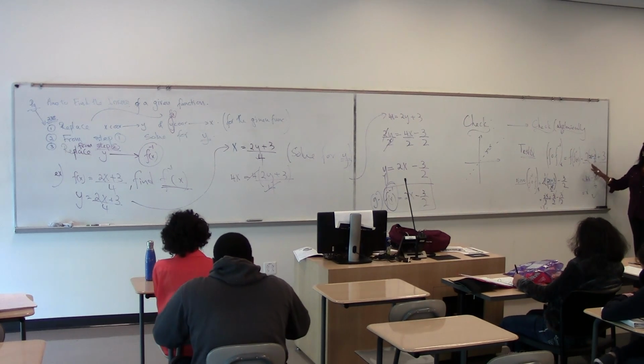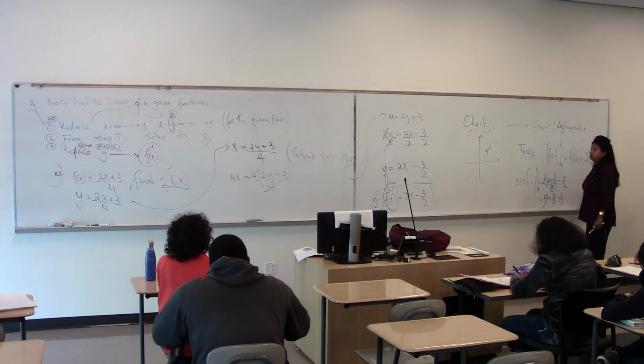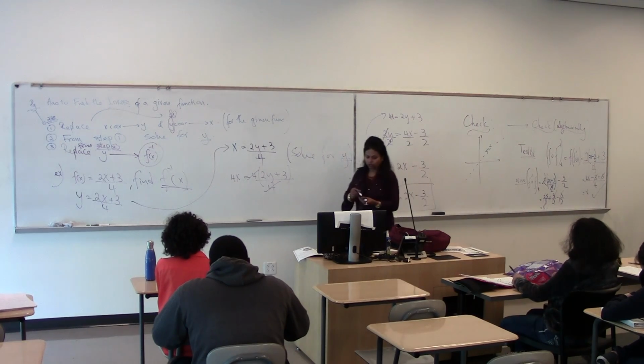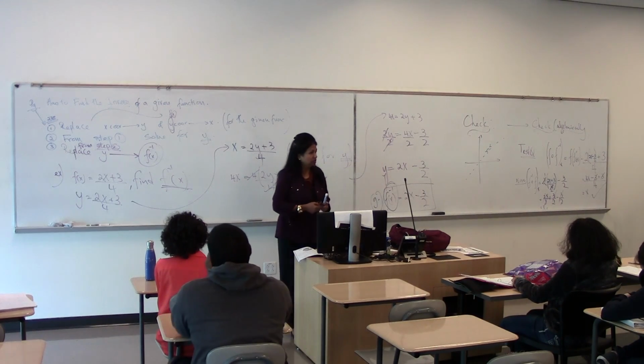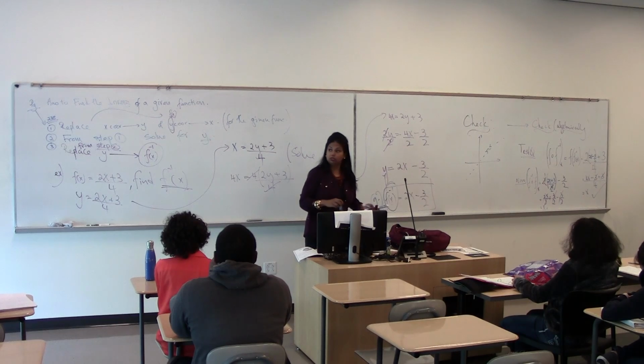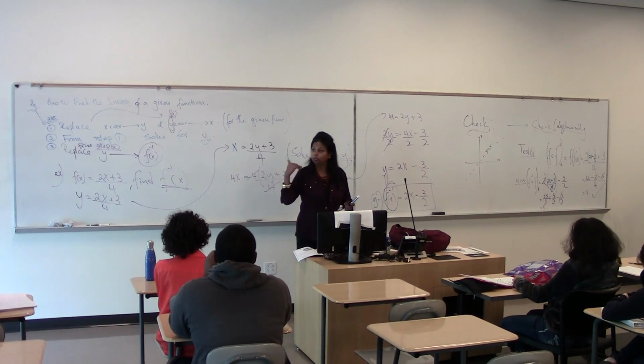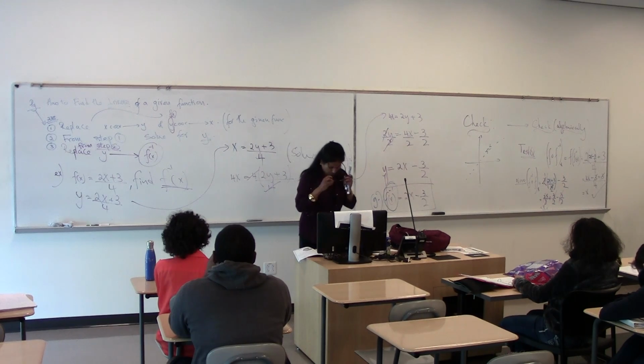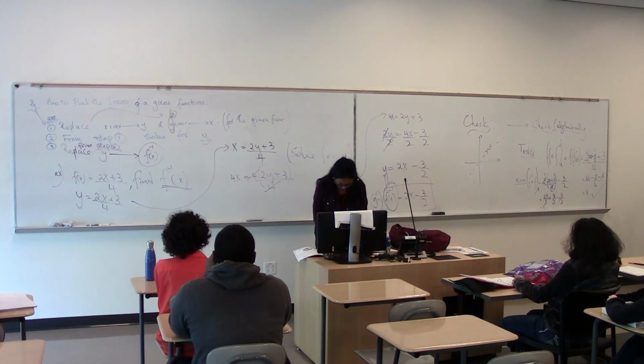So double check on your mistakes and make sure you get this right. Okay, class? If you have any questions, you can ask me after class today. So this is one big question plus the additional question. Inverse, okay.